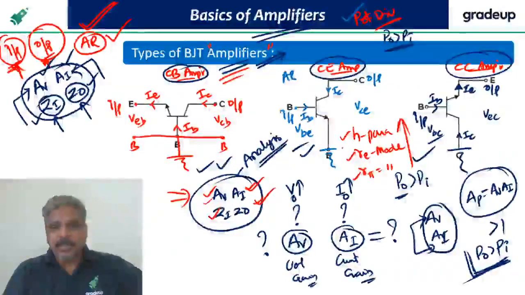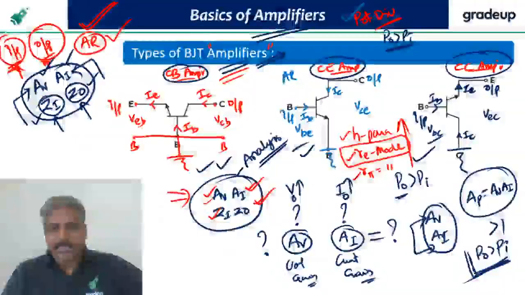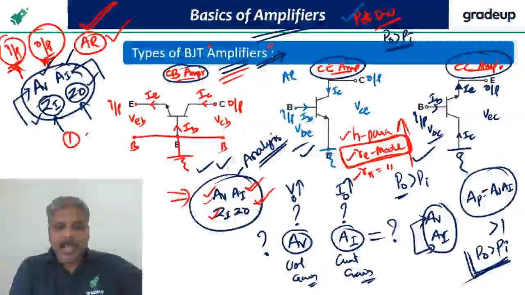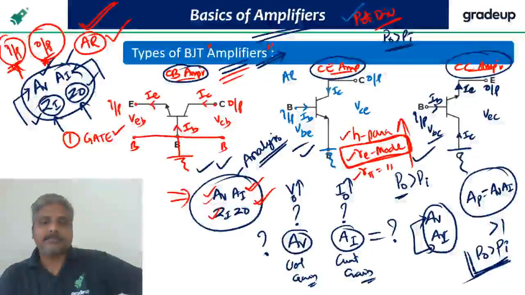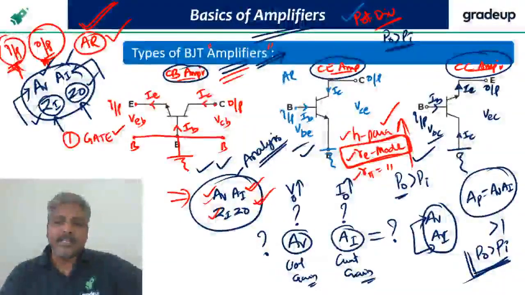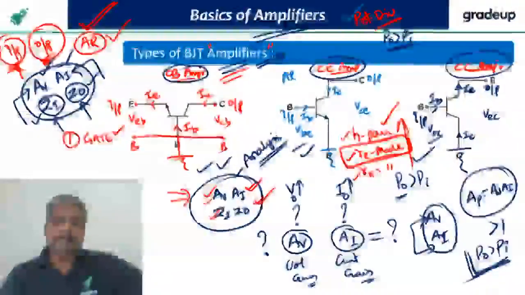But I am going for the RE model, and there are some reasons why. Reason number 1: as per the GATE examination, the RE model is more suitable. Maybe in your engineering you must have studied the H parameter model.